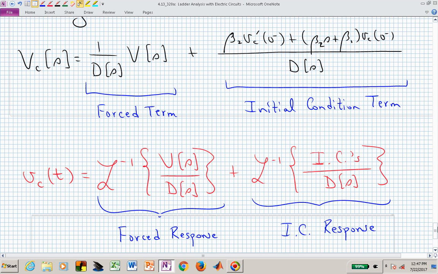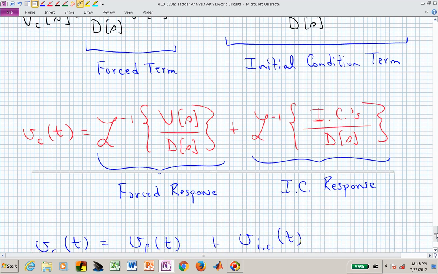That's now the inverse Laplace transform of the forcing term and the inverse Laplace transform of this initial condition piece. We then can see that the output voltage of that RLC circuit will have two pieces, one due to the forcing function, little v of t initially, and the other due to the initial conditions on that particular circuit.